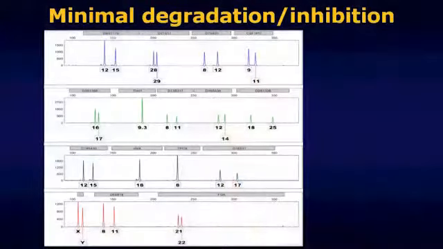That's the big question, and that's what I hope that you're eager to see. This particular slide is showing you a sample that has very little in the way of degradation or inhibition. In fact, there are no really obvious signs of degradation or inhibition, and the reason I say that is that from left to right across the electropherogram, the peaks all have pretty much the same height. At a locus where the individual is homozygous, the peaks are pretty tall, as for all the other homozygous loci.